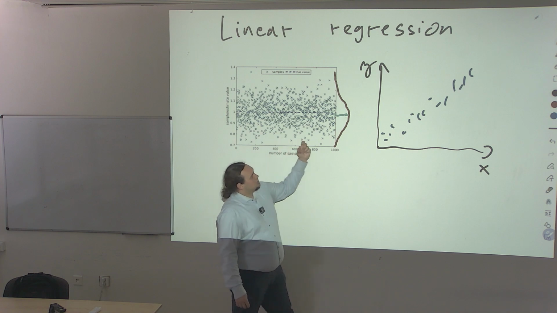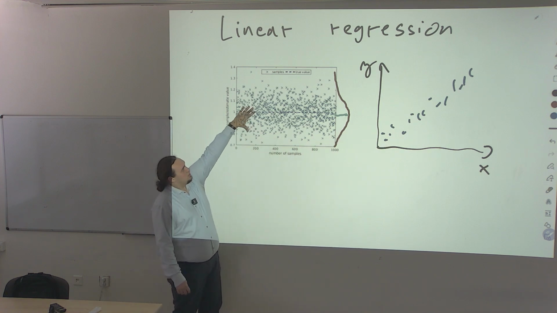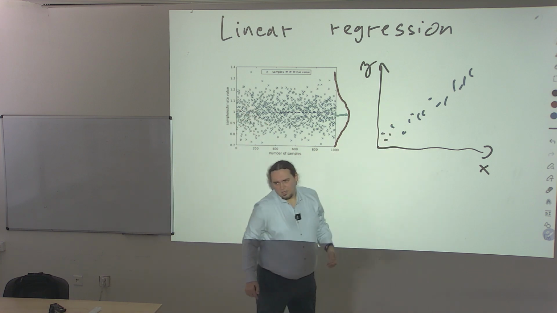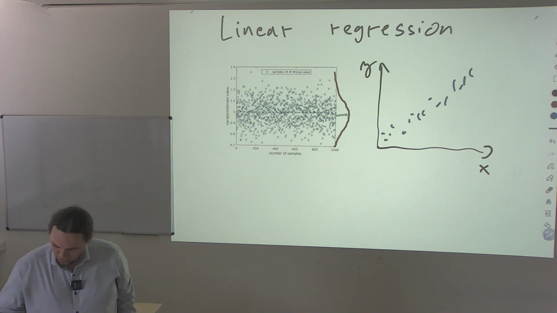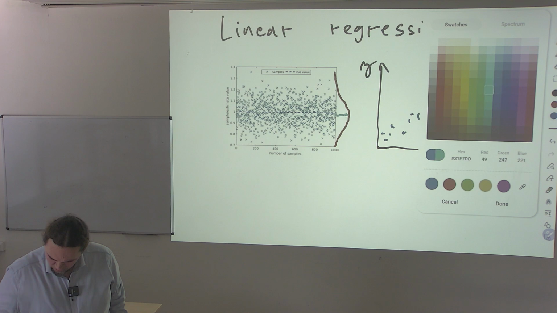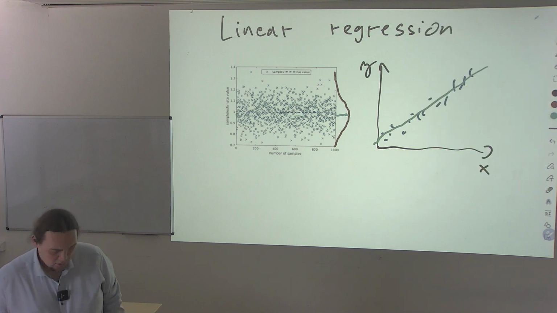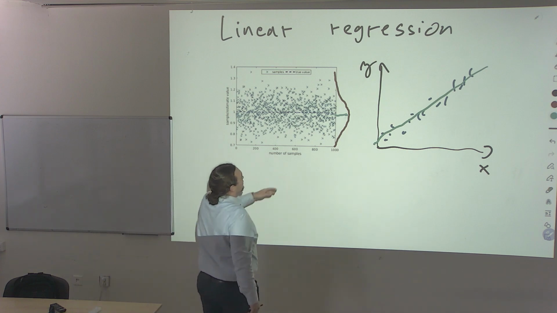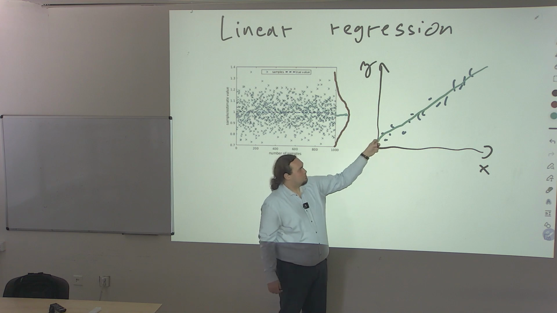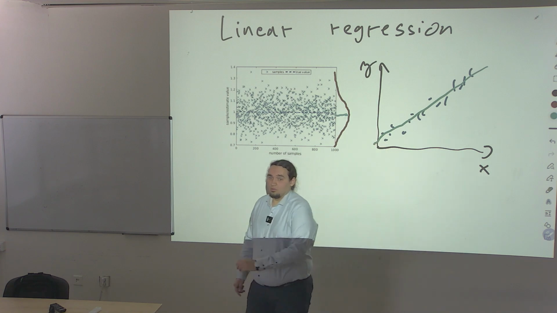And if we now compare these two pictures, if we take this one and somehow rotate it and tilt it, we can immediately see that our task might be really similar. Let's say we are trying to find again some mean value, but this time this mean value will be a curve that will depend on this independent variable.